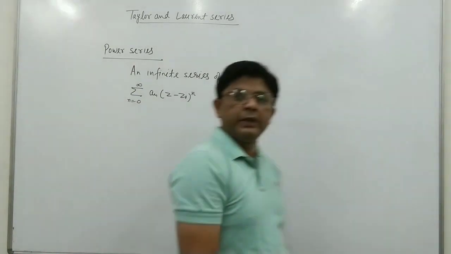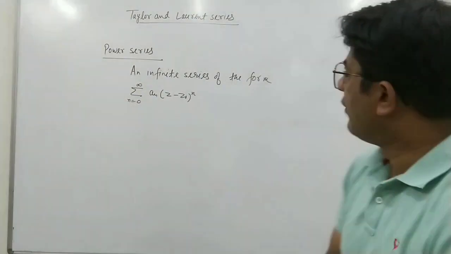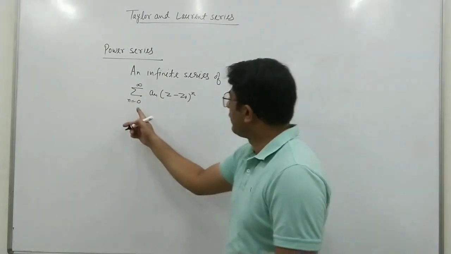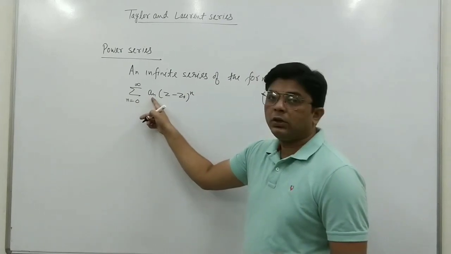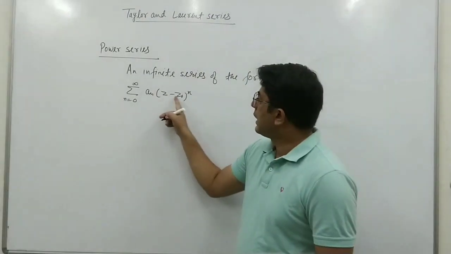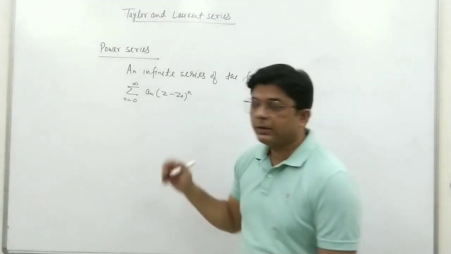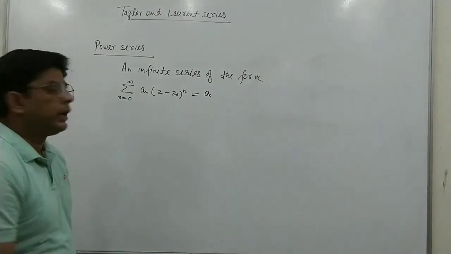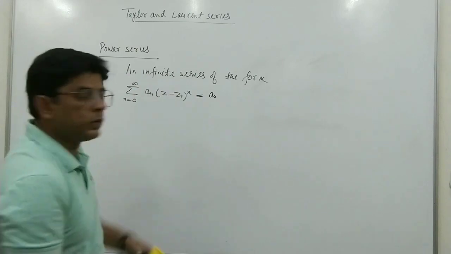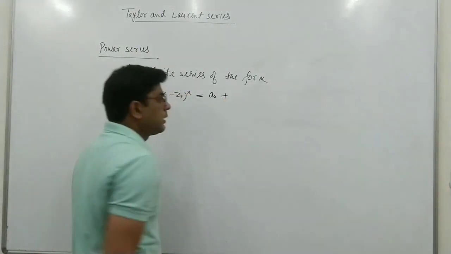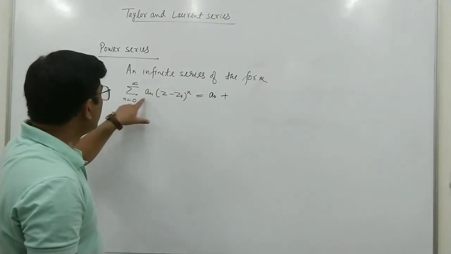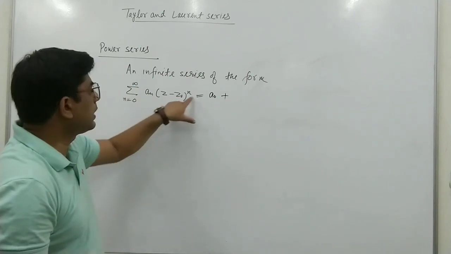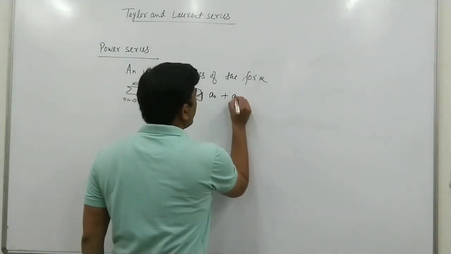If we expand this, if we put n equal to 0, it will be a0 and z minus z naught to the power 0, that will be 1. It means the first term is a0. Now summation means we have to put the plus sign. If we put n equal to 1, it will be a1 z minus z naught to the power 1.